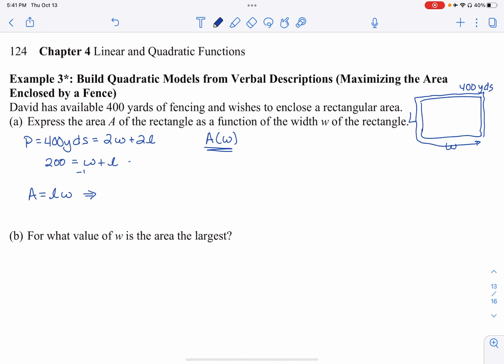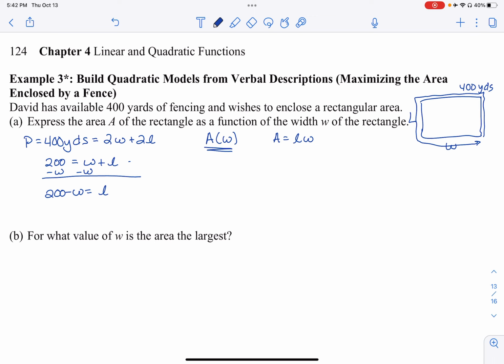If we subtract W from both sides here, then let's move this, A equals length times width, over here, just so that we know that. That's a formula we know. So here we know then that 200 minus W equals the length, which makes sense. Halfway around is 200. If I walk the width of it and take it off, then what's left is the length.